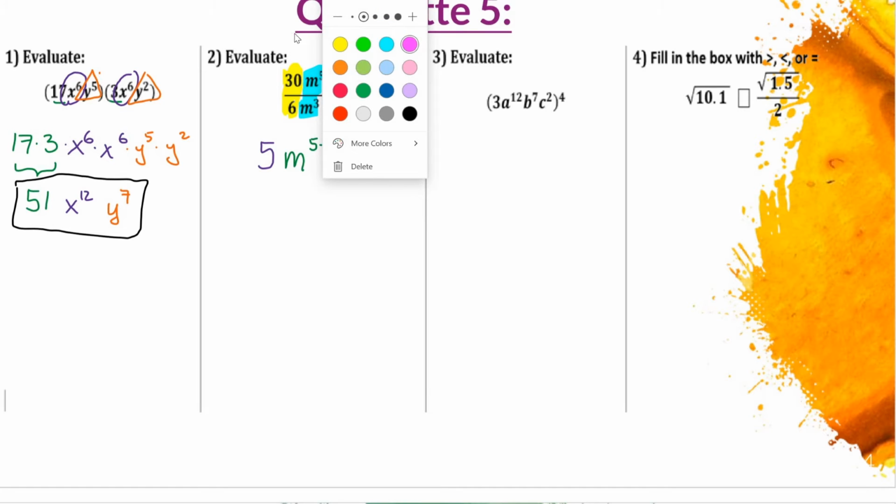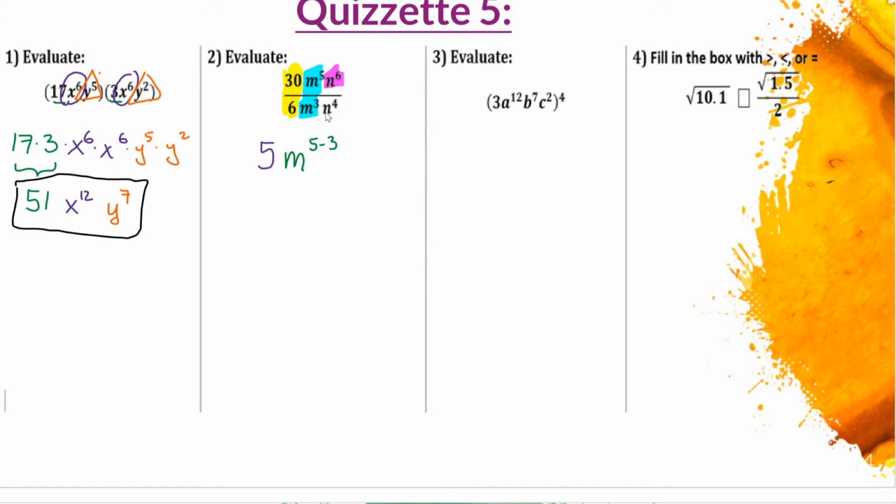We do the same for the n: n to the 6th power minus 4. So we will have 5, m of 5 minus 3 is m squared, n of 6 minus 4 is n squared. And that's it for number 2.